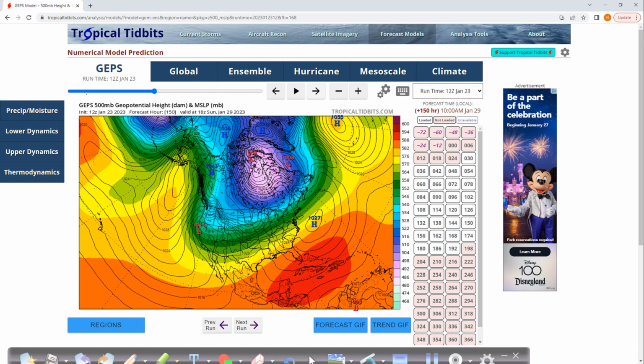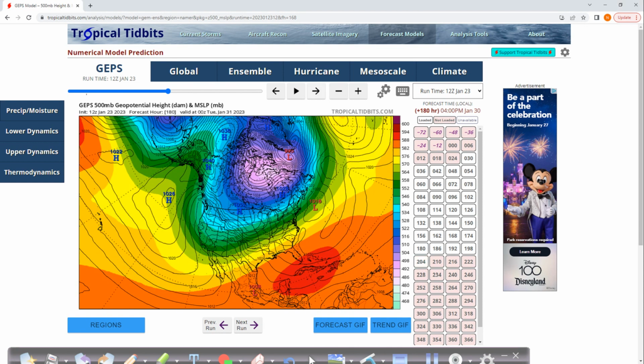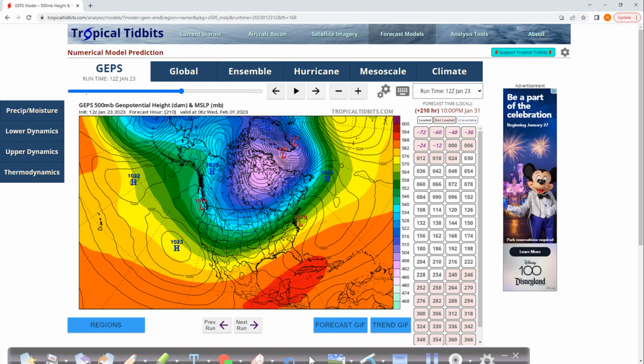So this is the Canadian model. This is now on Sunday morning. So you see they pretty much agree on that system moving through on Sunday. And that ridge, it's actually fairly strong for an ensemble forecast. So that gives me an idea that there could be some cold air lingering here across the northwest into next week.